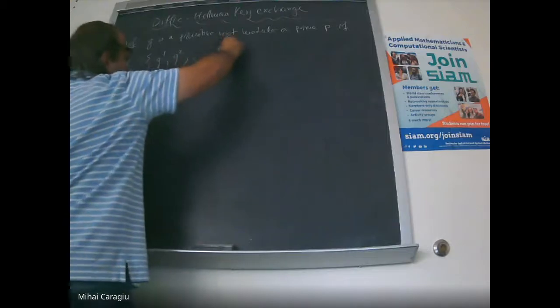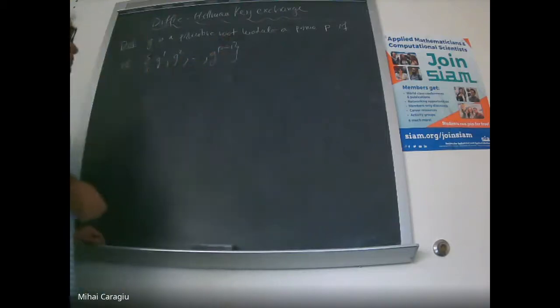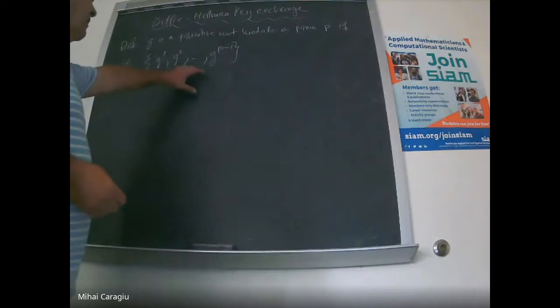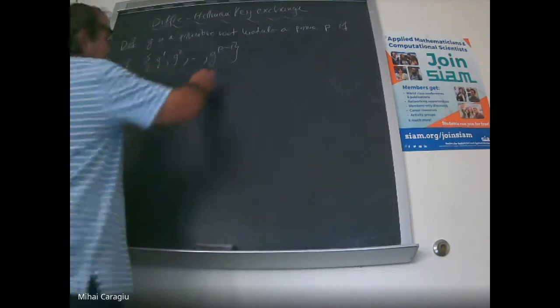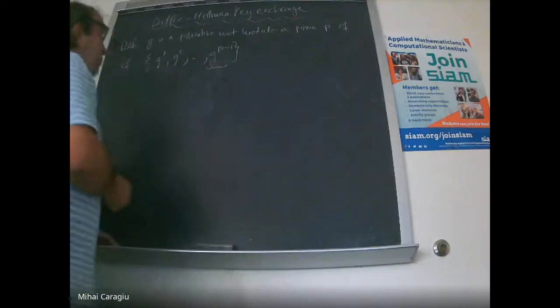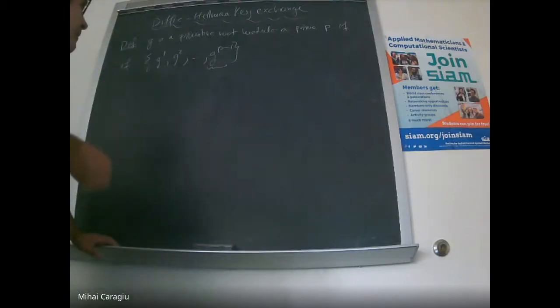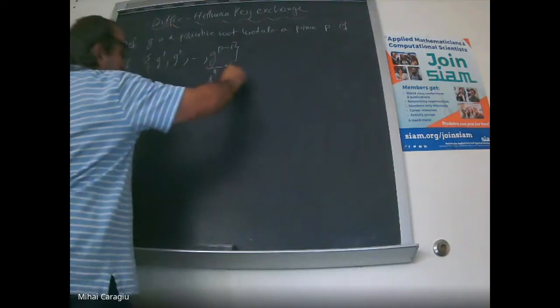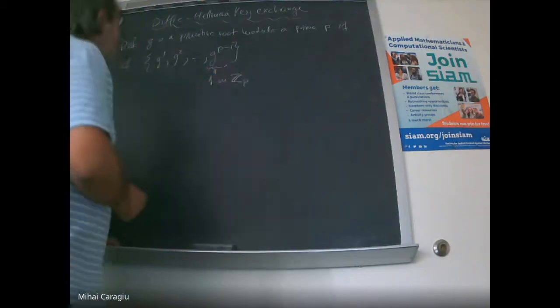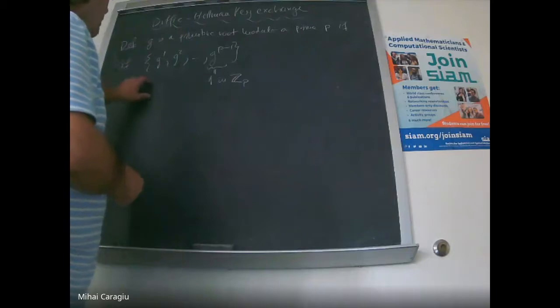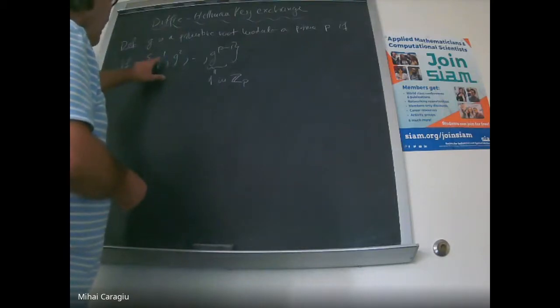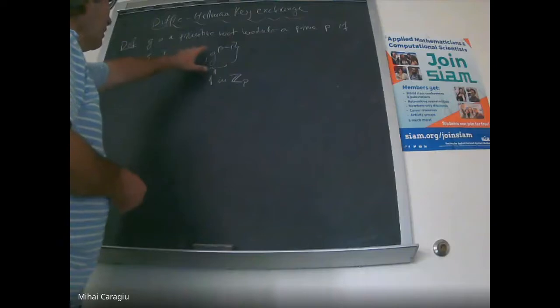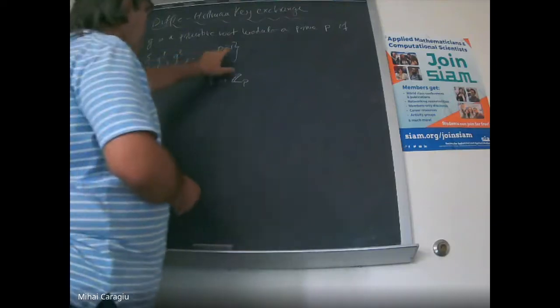power P minus 1. Because at this moment G to the power P minus 1 gives Euler's theorem in the form of Fermat's little theorem. This is 1 in ZP. So if we continue multiplying G to the power 1 by G, we get G squared, G cubed, G to the power 4, and so on, G to the power P minus 1.